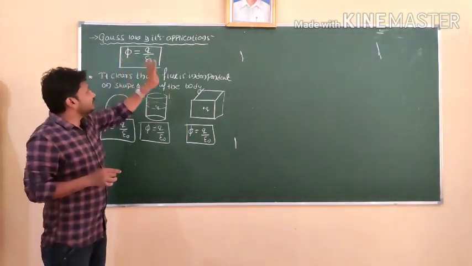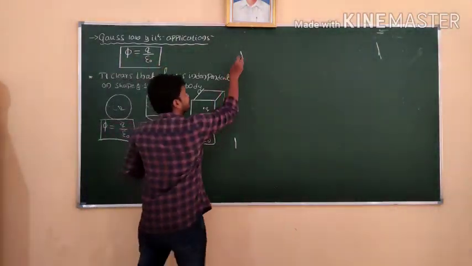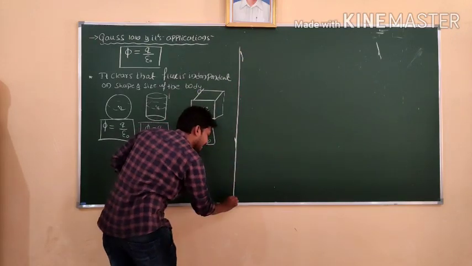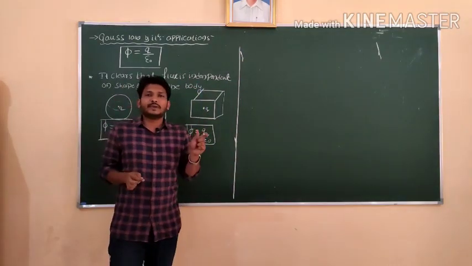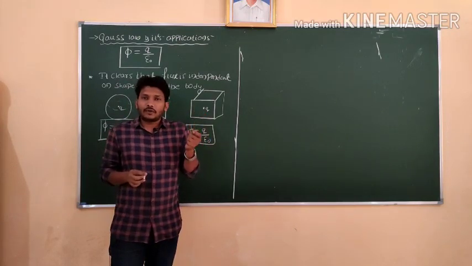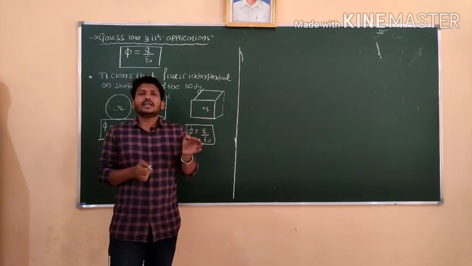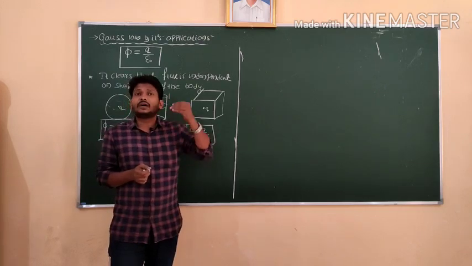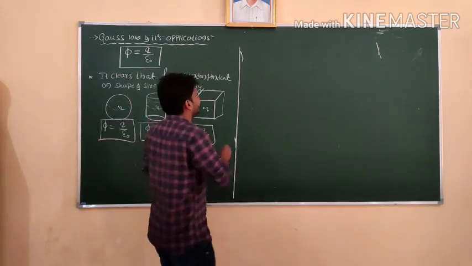So depends on this Gauss law, let me consider one hemisphere here. In case of the hemisphere, it is placed in a uniform electric field region, and I will consider what the value of electric flux through a curved surface is. So let me write it here.